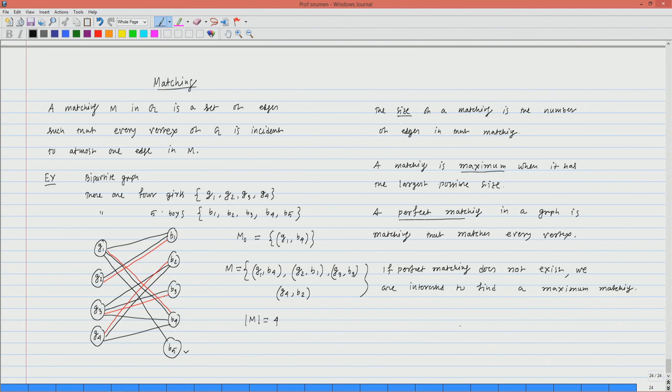Obviously. So, here the optimization problem is to find, given a bipartite graph or any general graph, slowly we will learn, the problem is to find a maximum matching.